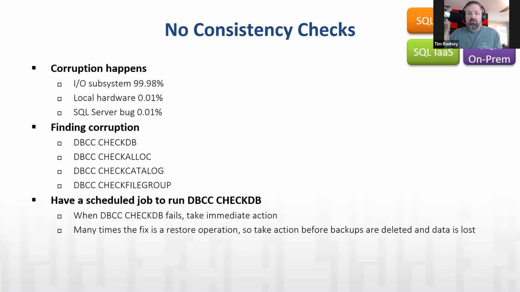Well, 99.98% of corruption happens at some IO subsystem layer where SQL Server was told, hey, the data is committed to disk. And then later when it goes and tries to read those ones and zeros, they're no longer there. What it expects to find on the disk is not there. An analogy I like to use is I've got 2 daughters, and I leave my wallet on the counter. I know there's 5 $20 bills in there.